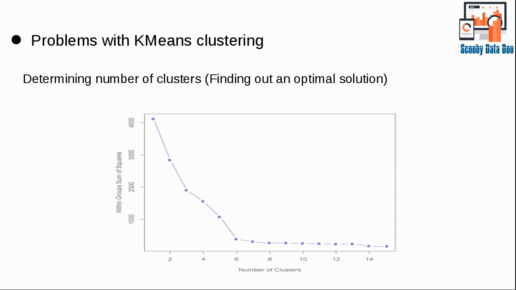To do this, we have to plot a graph where the y-axis has the sum of squared error for different numbers of clusters. And how can we come up with such a graphical view? This is not very complicated.